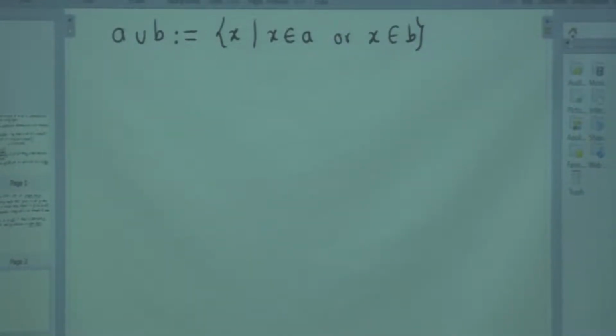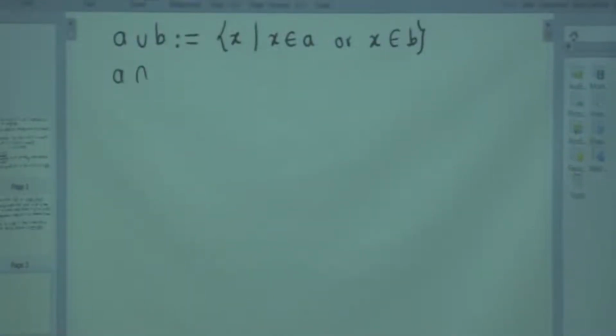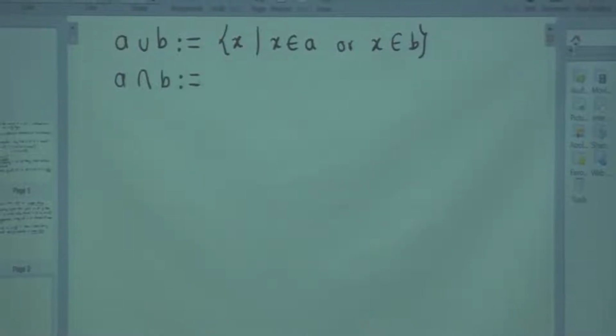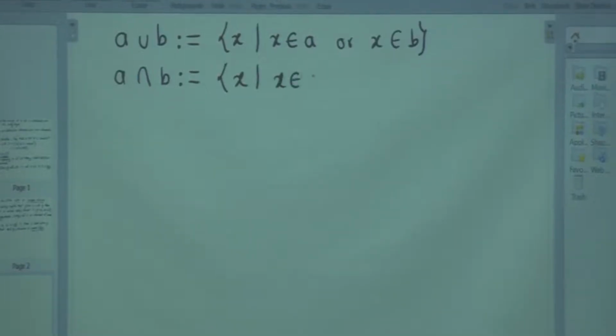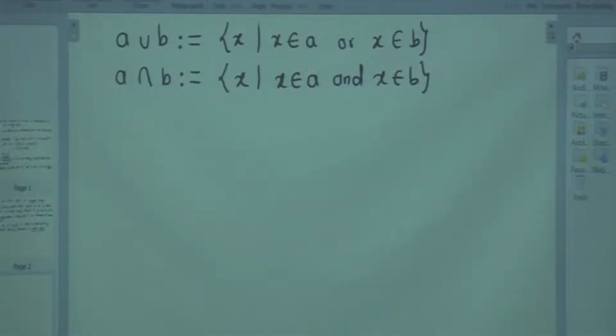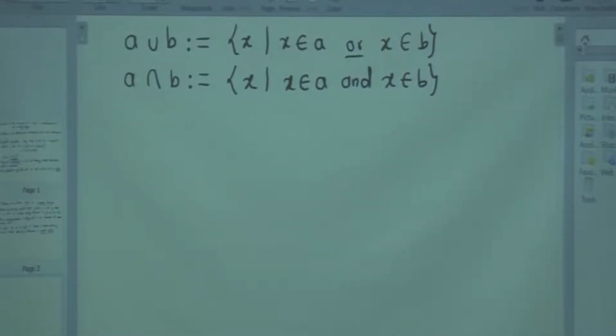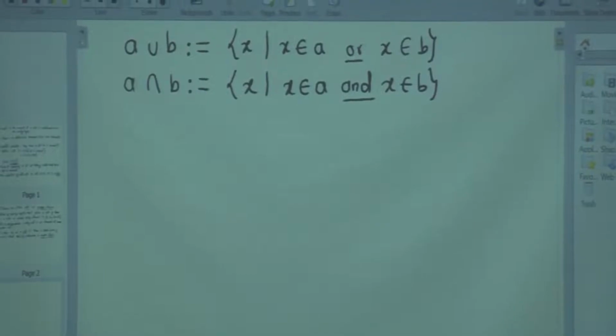Okay, let's go ahead. Can you tell me what is A intersection B? X such that X belongs to A and X belongs to B. Now you can observe that we are again using certain axioms while defining this, and those axioms are hidden inside these words.